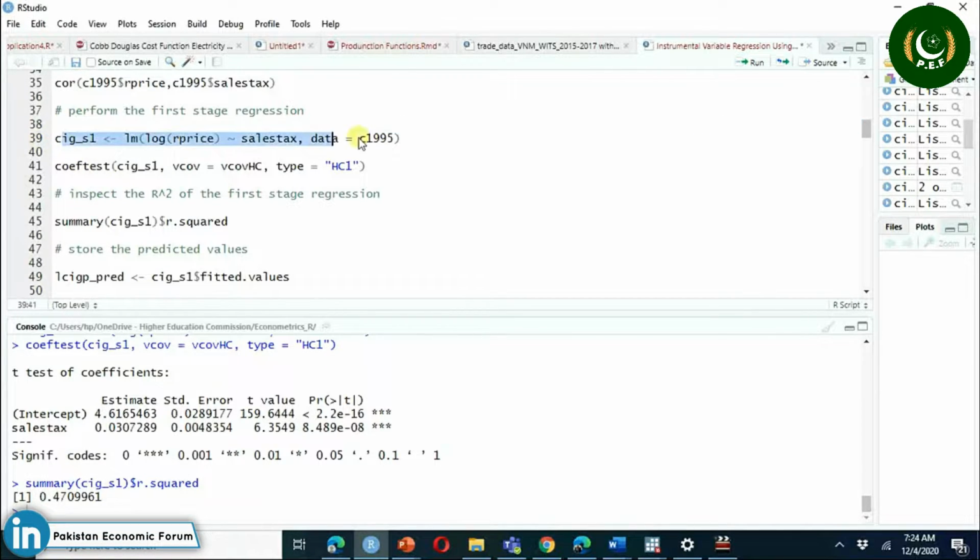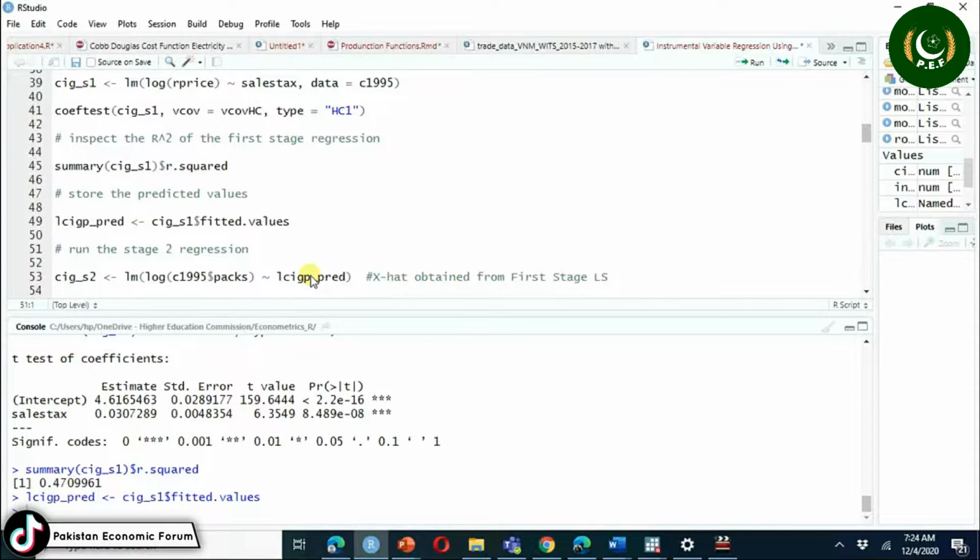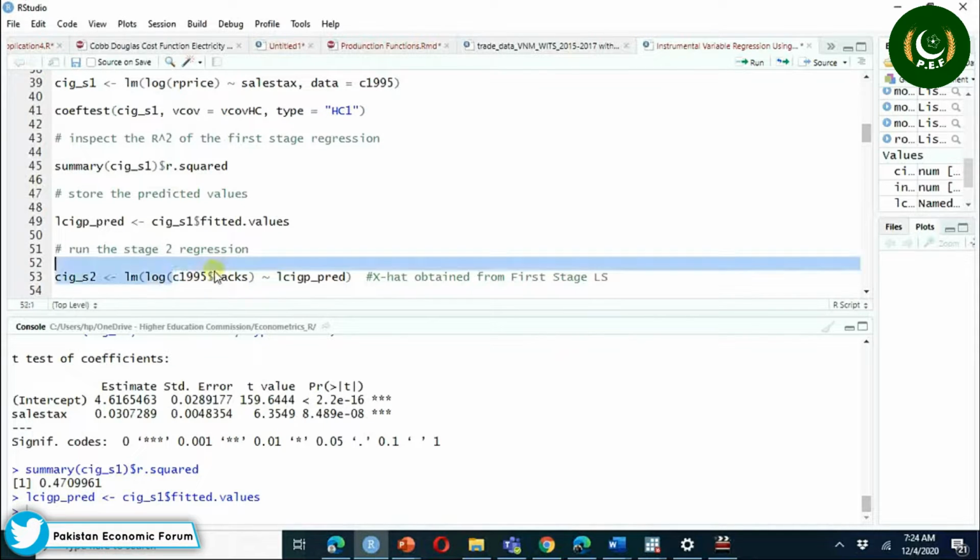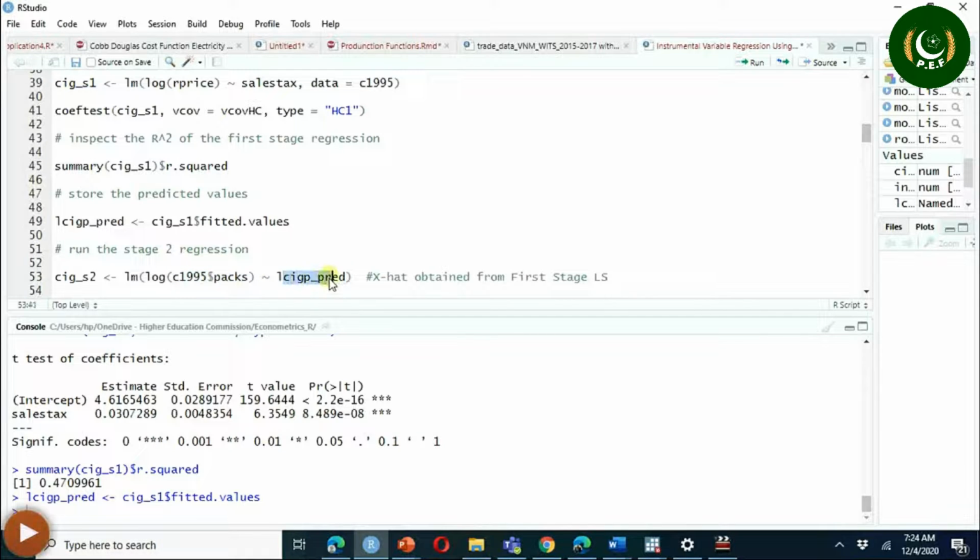This is our model. We are going to get predicted values of log of price, and these will be used at the second stage, if you recall from my previous videos on estimating instrumental variables in 2 stages. So this is p hat, and now instead of running consumption of cigarettes on price, I am running it on price hat, which has been obtained from the first stage.